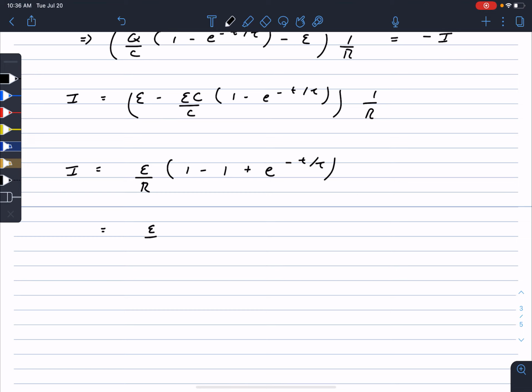That's going to give you epsilon over R times e to the negative t over tau. That's your current.